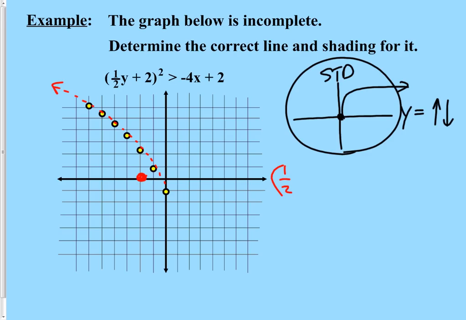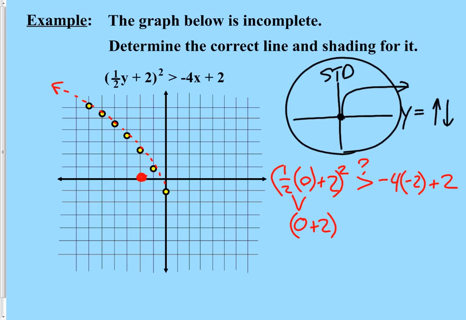So let's see, 1/2 times the y value, in this case the point I picked has a y value of 0, plus 2 needs to be squared, and the question is is that greater than -4 times the x value, which is -2, plus 2. Let's simplify here. Half of nothing is nothing, plus 2.